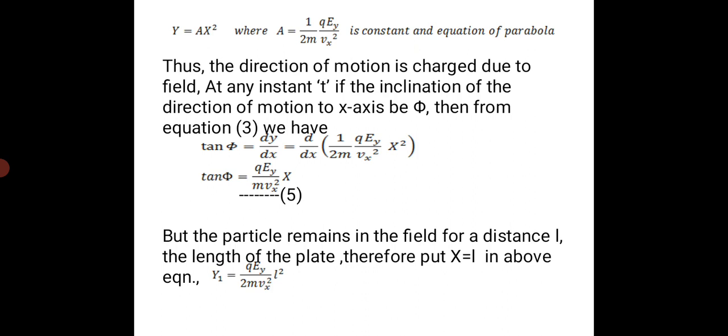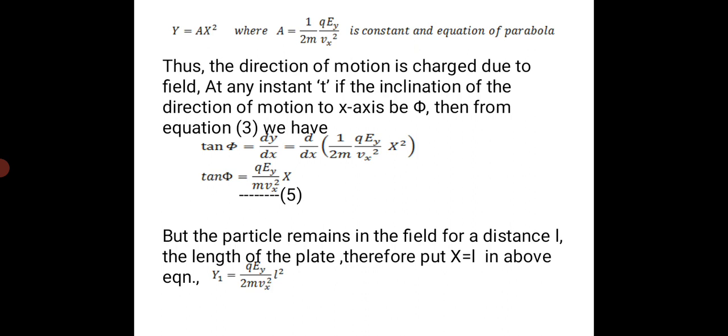Thus, the direction of motion is changed due to the field at any instant t. If the inclination of the direction of the motion to the x-axis is phi, then from equation 3 we have tan phi is equal to dy by dx, that is differentiation of equation y with respect to x, we will get tan phi equal to QEy by m Vx square into x.